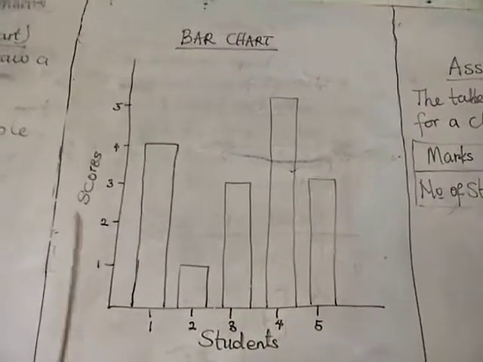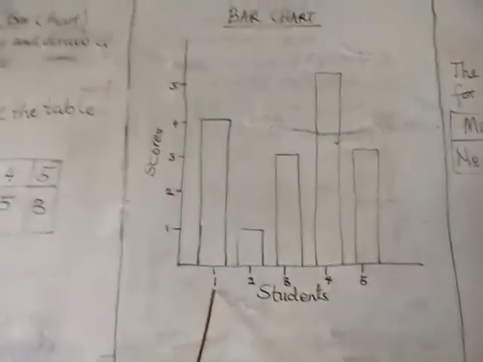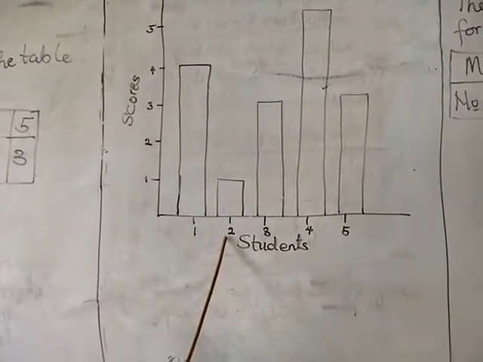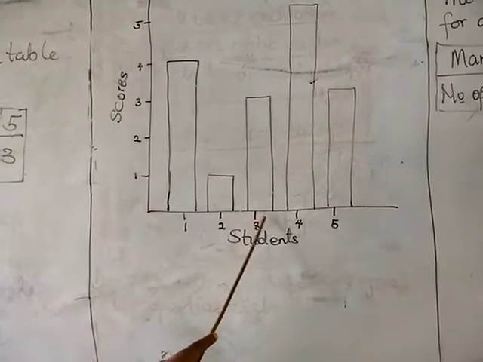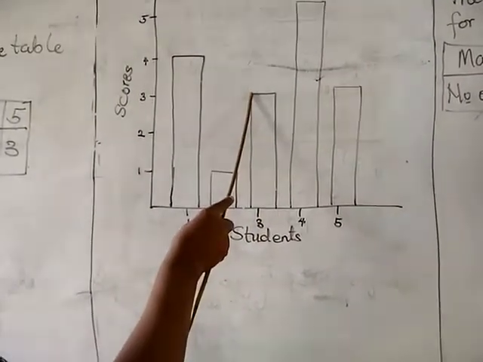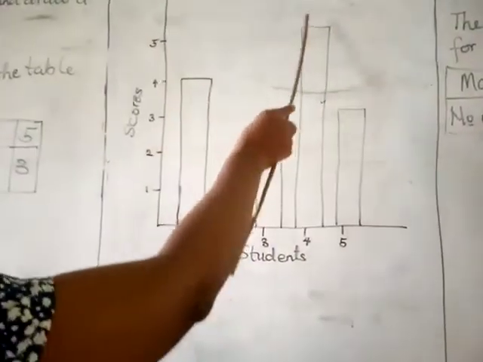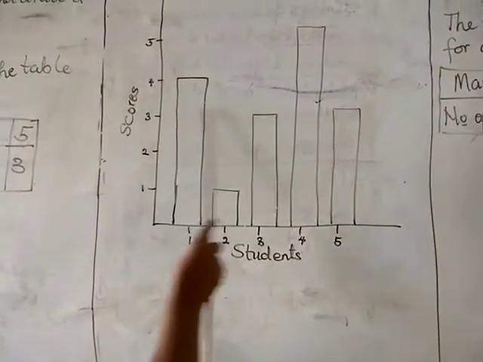So you can see from our chart that 1 student scored 4 marks, 2 students scored 1 mark, 3 students scored 3 marks, 4 students scored 5 marks, and 5 students scored 3 marks.